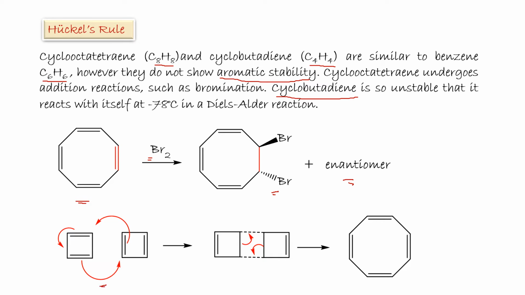It reacts with itself at minus 78 degrees Celsius via Diels-Alder reaction to form this species, which undergoes further ring opening to form the cyclooctatetraene compound. So both of them are not stable, even though they are cyclic and conjugated pi systems.